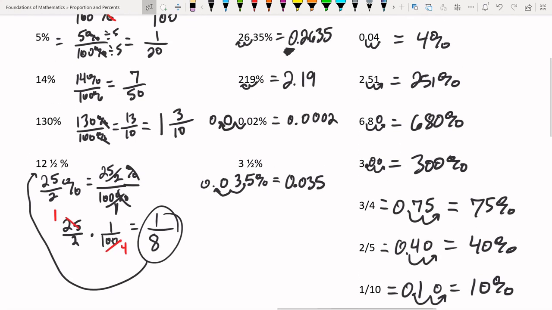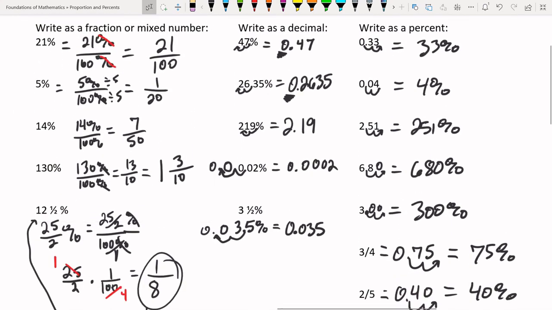So to go from a fraction to a percentage, change the fraction to a decimal and the decimal to the percent. To go from a percentage to a fraction, all you really have to do is divide by 100%, like I did in this first problem here. To go from a decimal to a percent and vice versa, it's really just move the point 2 spaces left or right, depending.